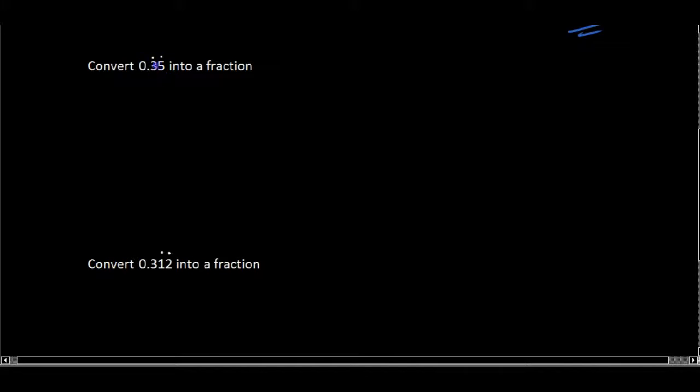0.35 recurring, which with the two dots above the 3 and the 5 means we get 35353535. So let's look at some powers of 10. What I'm going to do is start at one lot. 1 times 0.35 recurring equals 0.353535 and so on.